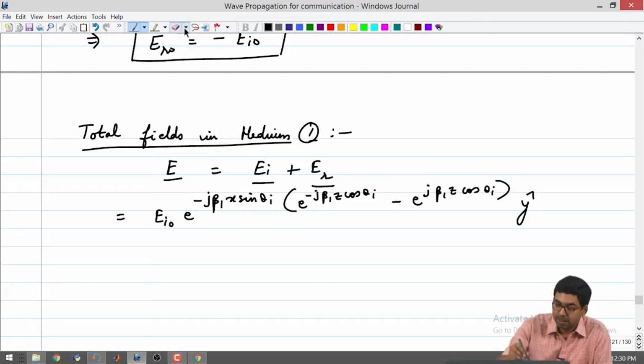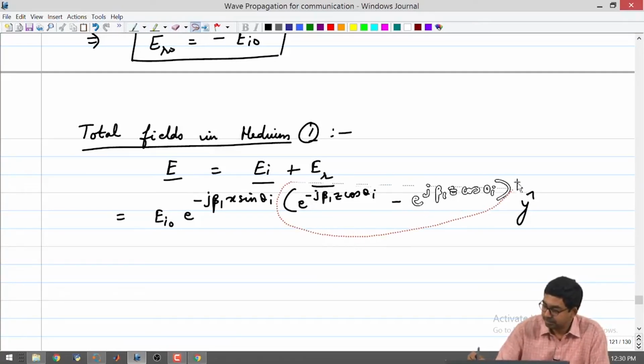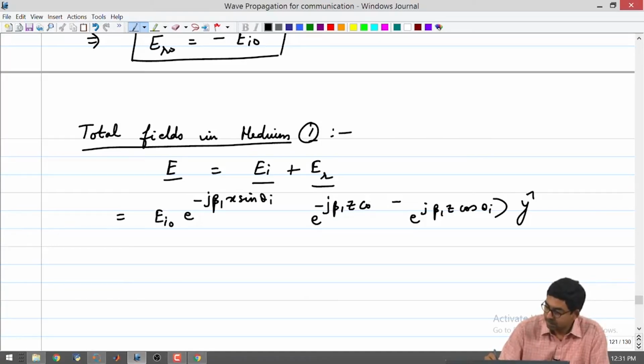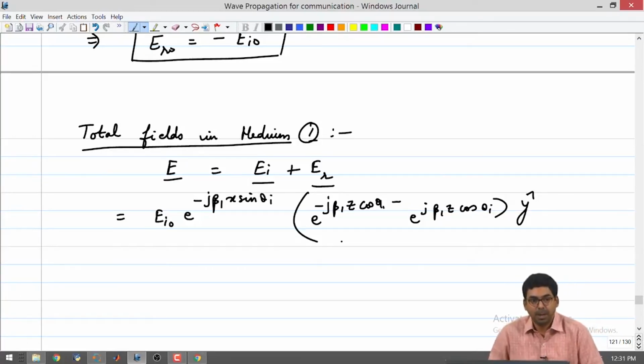The way I have written it, it looks like it is in the power, so I will just correct that and bring it down.